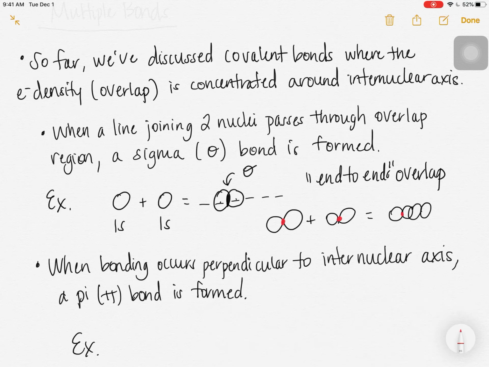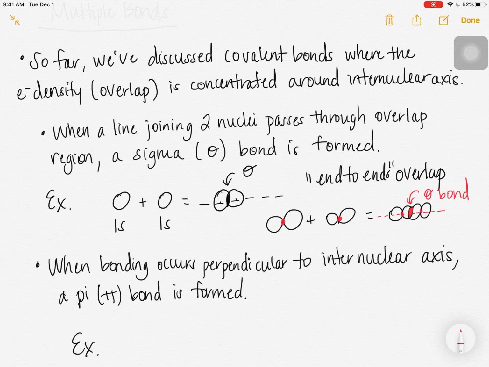Again, don't lose track of where your nuclei are, there's one here, and there's one here. So where's the internuclear axis, the line that connects the two nuclei? Well, it goes like this. Again, we have overlap that's occurring along that axis, so this is also a sigma bond.